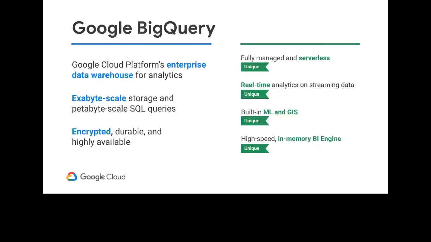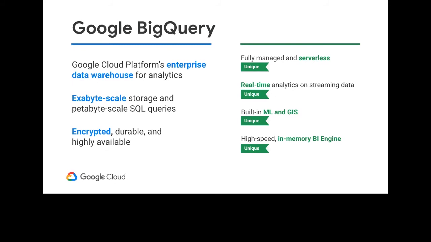As every piece of infrastructure within Google Cloud is fully managed, BigQuery is fully managed and serverless. When we say serverless, it means that the underlying infrastructure you are using, you needn't maintain it. You just need to run queries and that's all. You needn't worry about the infrastructure.